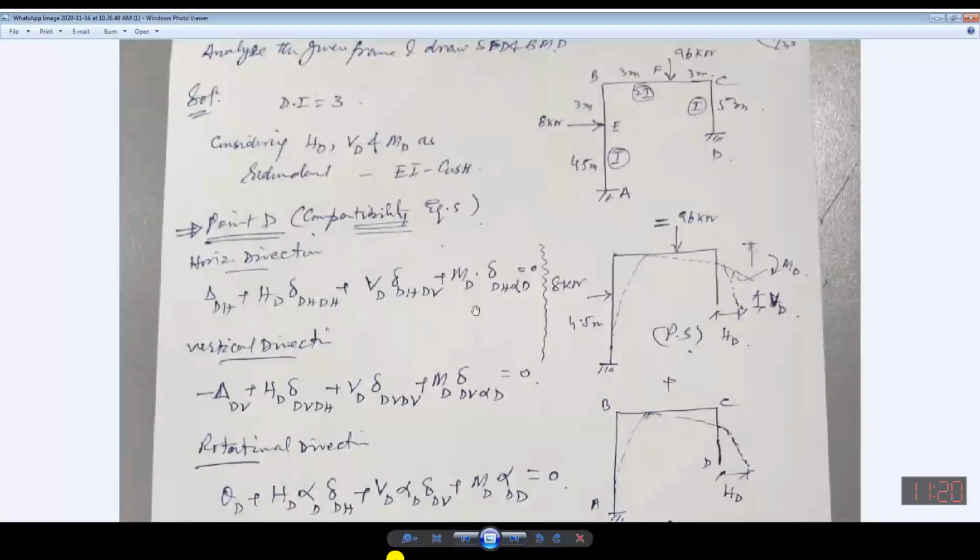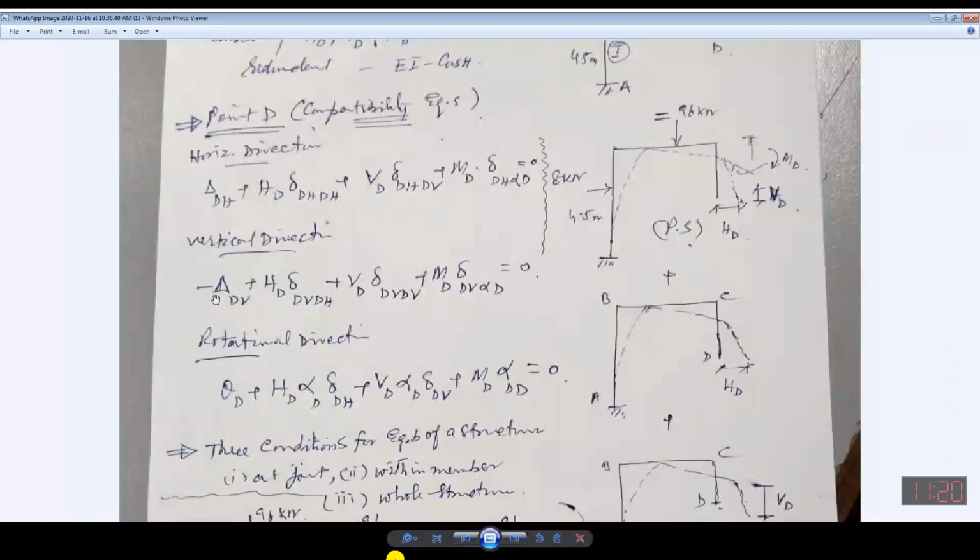Now, in this case, I have considered the vertical direction. This vertical displacement is negative, because it is moving downward. It depends upon in what direction you are applying the load. If you are applying in the downward direction, it will be considered negative.